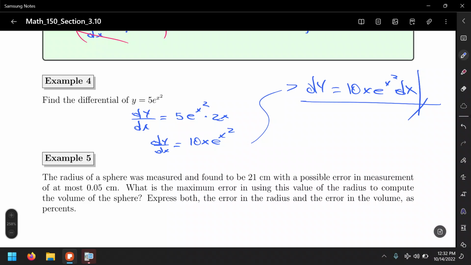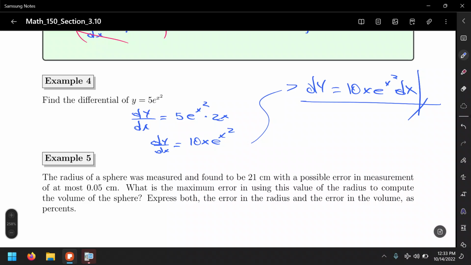Right? Okay, so this sphere was measured with a ruler or some caliper, and the manufacturing statement tells us that these measurements could have an error of at most 0.05 centimeters.